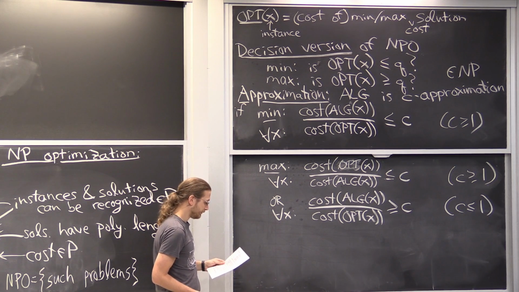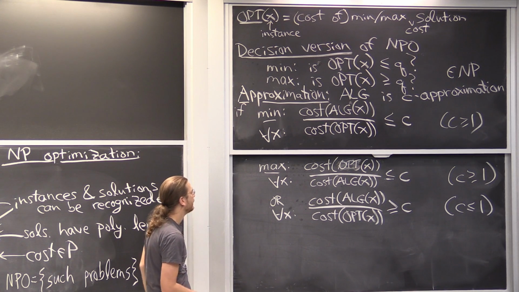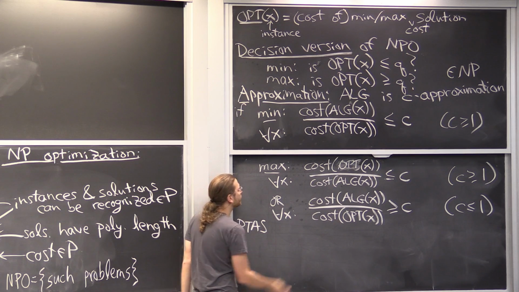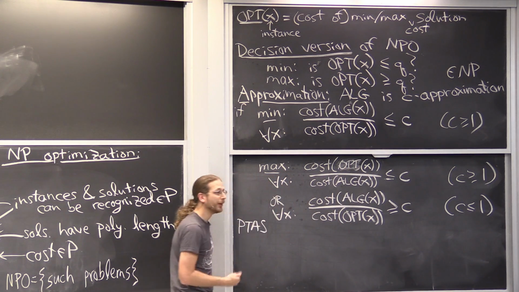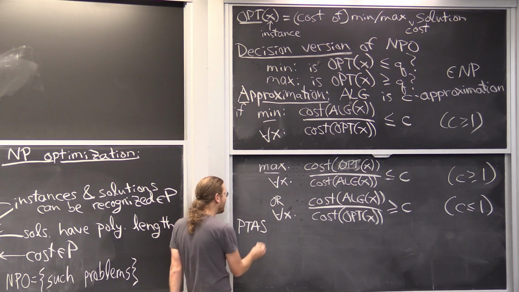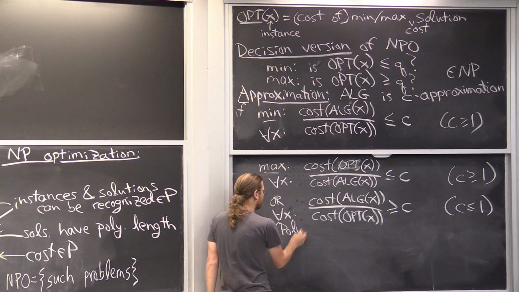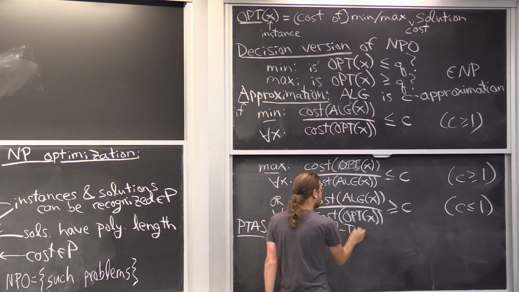Sometimes you can do even better than that. Here we've been thinking about constant factors for C. Sometimes you can do even better than any constant factor, or you can achieve any constant factor, would be another way of saying it. This is called a polynomial time approximation scheme, usually PTAS.